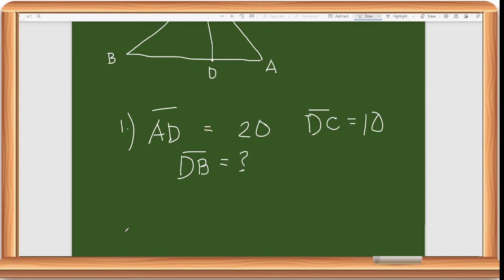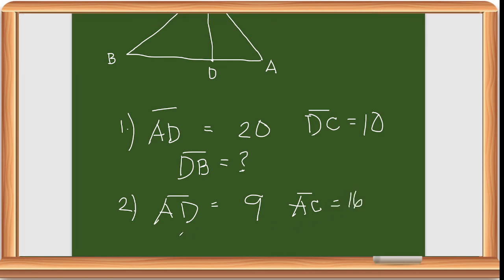Okay, and then next, if AD is, so iba-iba yung given niya, no? AD is 9 and your AC is 16. Find DB. So, ganun din. You have to find for DB. DB pa rin ang hahanapin mo. Okay?